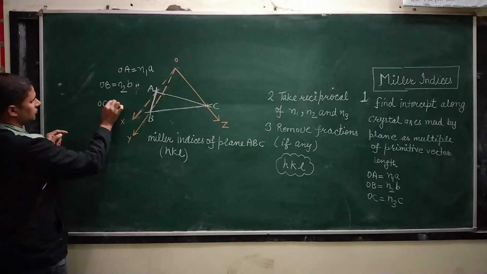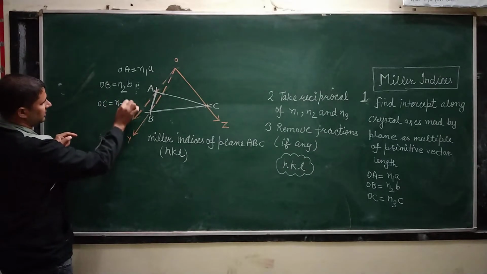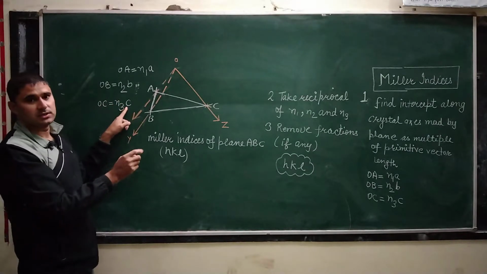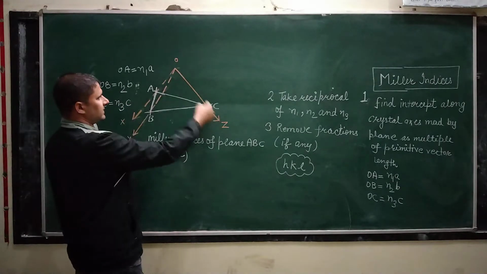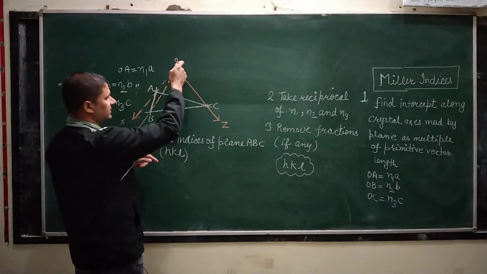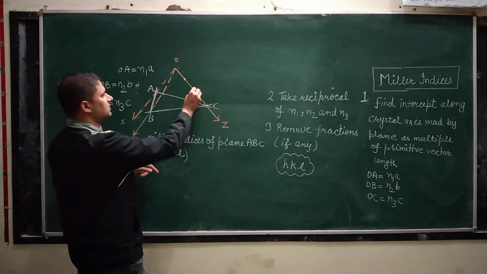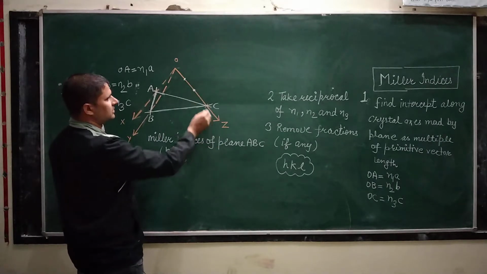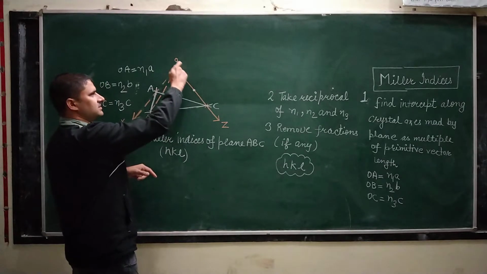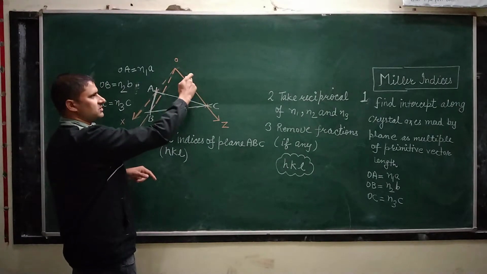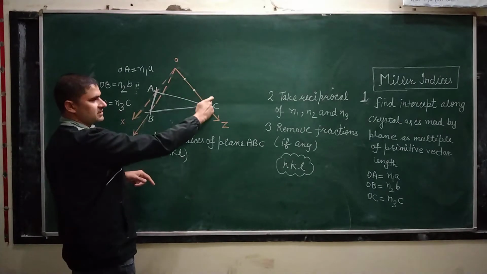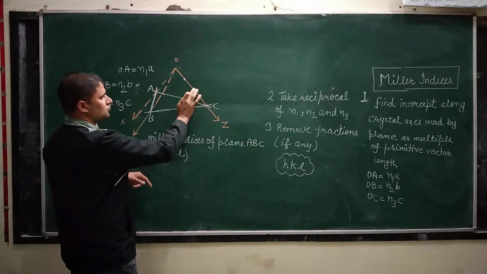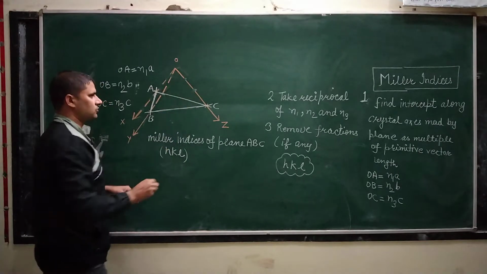Now OC is N3 times c. What is c? c is the length of the primitive vector. If we take the example here, suppose one particle is present here on this axis, another is here, then you can see this length is c. So this point is at a distance 2c, and this particle is at a distance 3c. This is what I want to tell you.